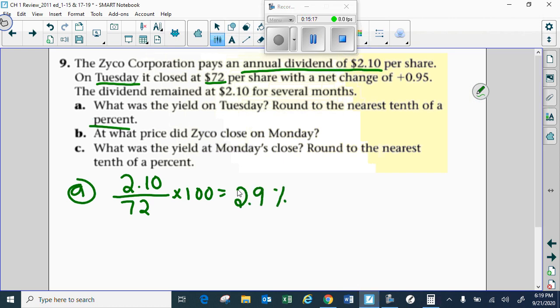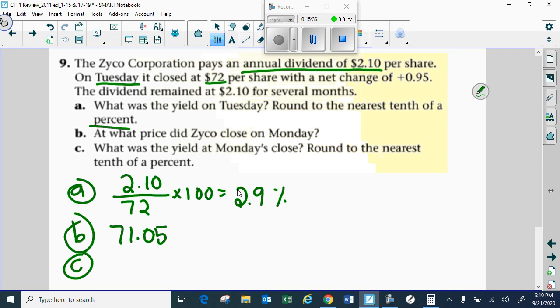At what price, B, did Zyco close on Monday? So it went up 95 cents on Tuesday. I subtract 95 cents from the 72, which gives me 71.05. And C, what was the yield at Monday's close?